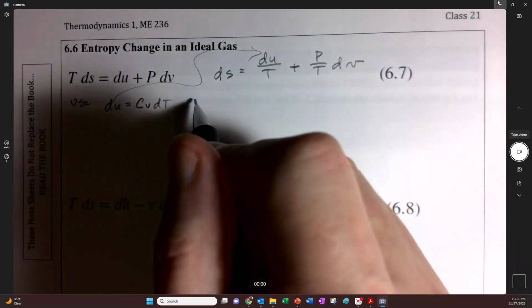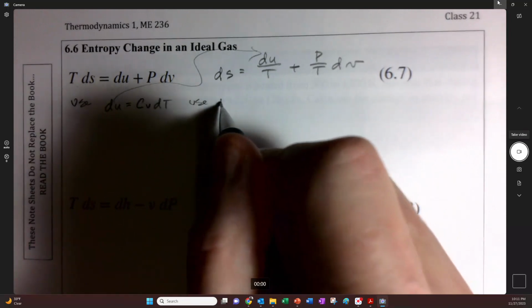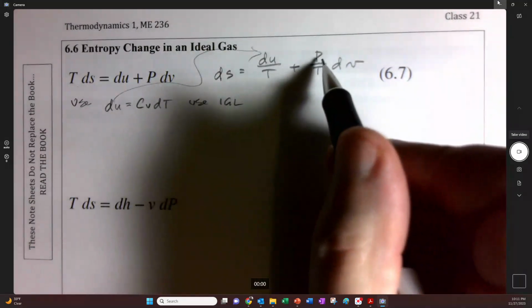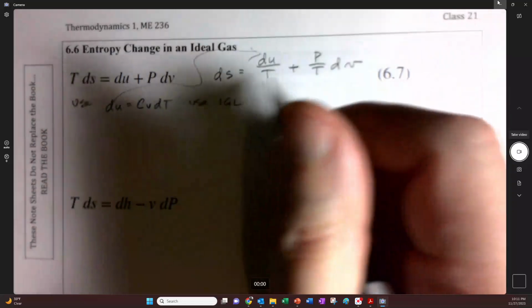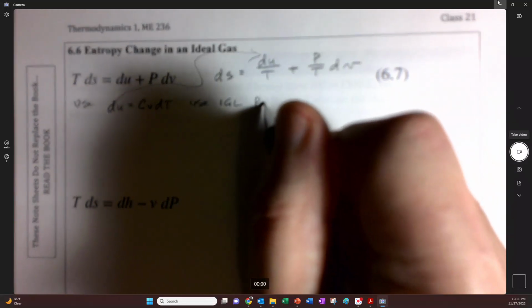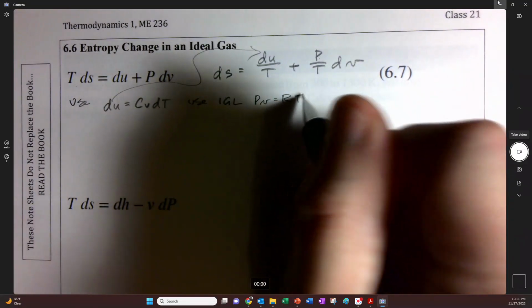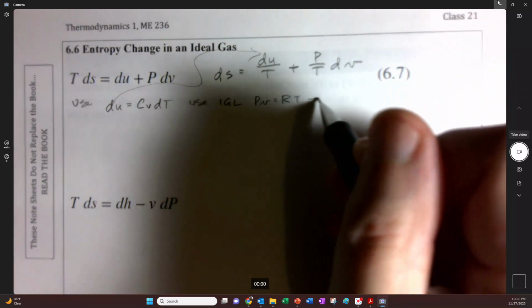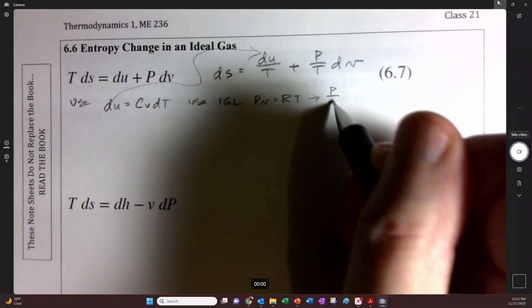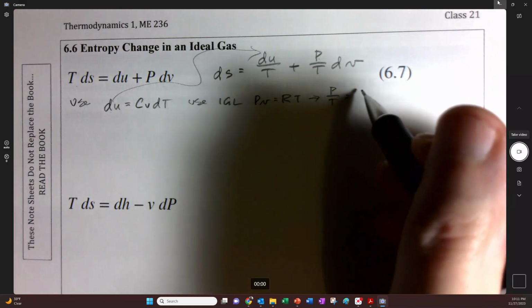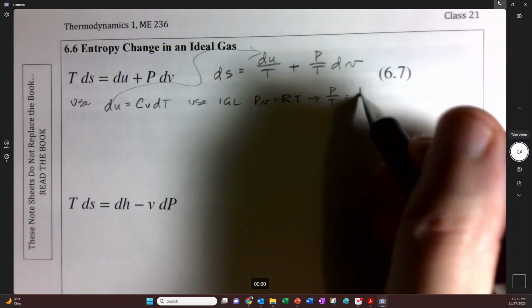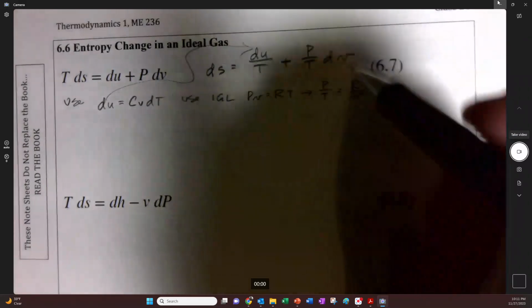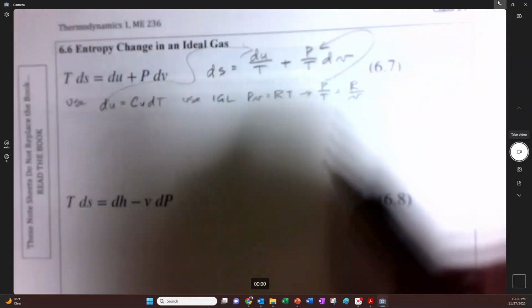We can also use the ideal gas law. Since we have a P over T right here, if PV equals RT, then P over T is equal to R over v. So replace that right there.